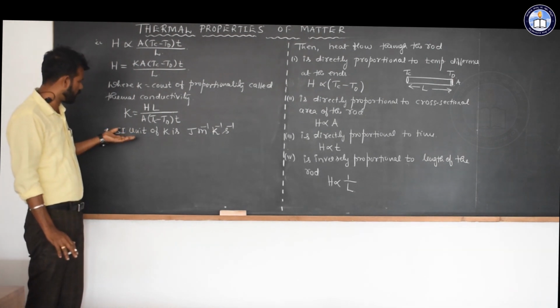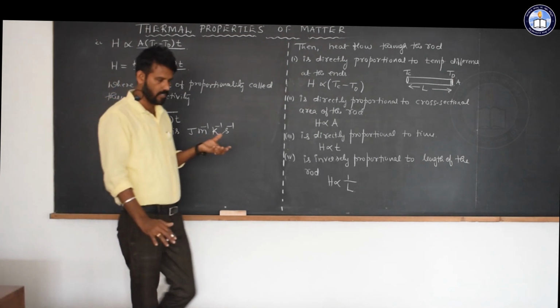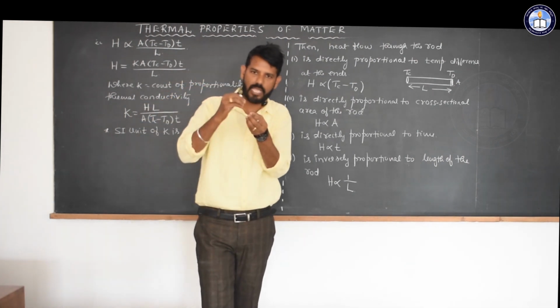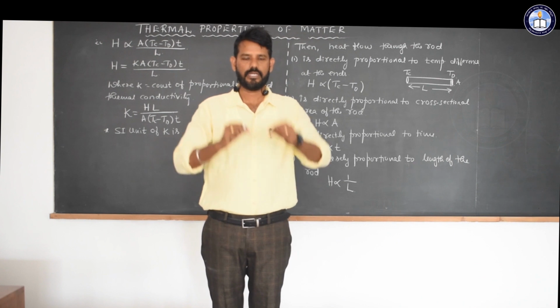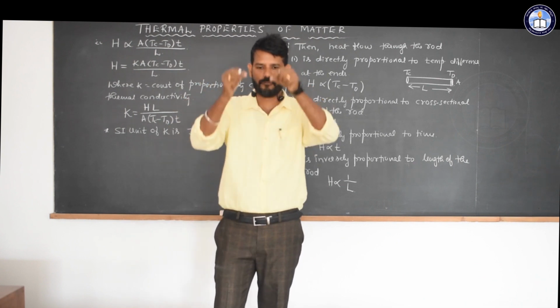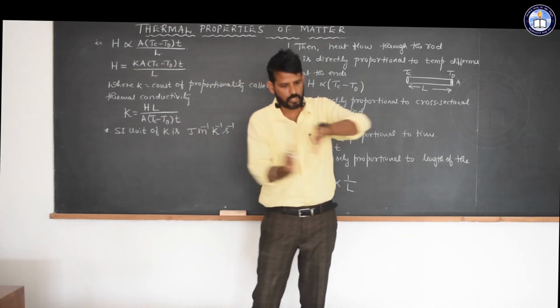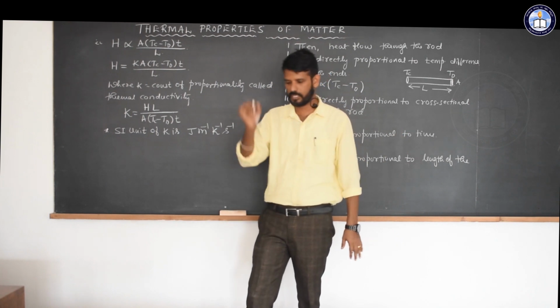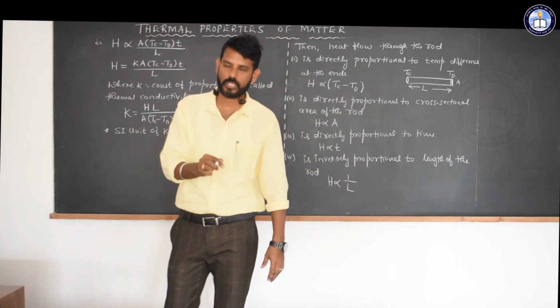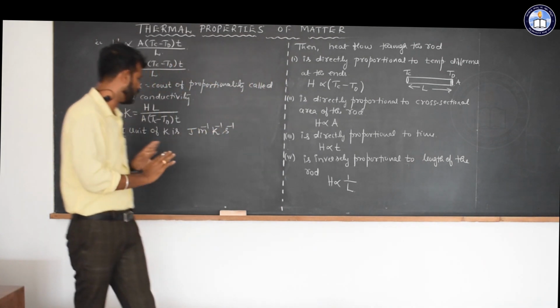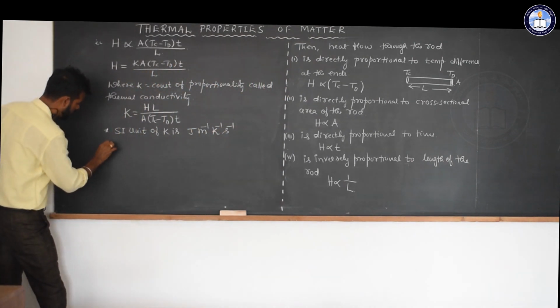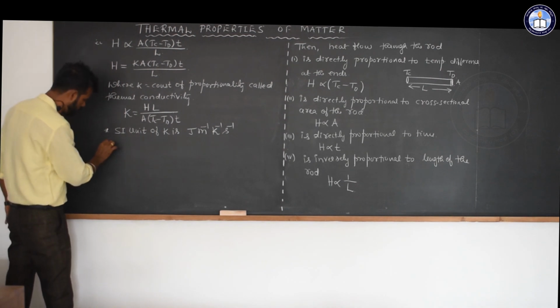Now see that if a material has a higher value of thermal conductivity, it is quicker or faster to transfer the heat energy, that is, heat energy is transferred through that material at high speed. So here you can consider the thermal conductivity of some materials.